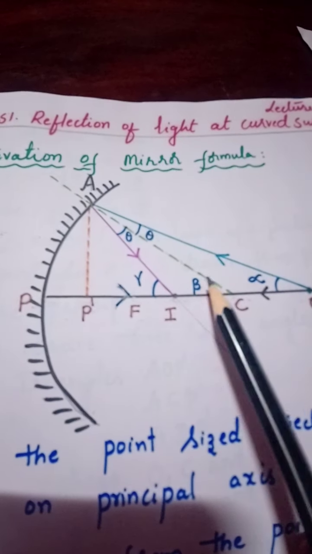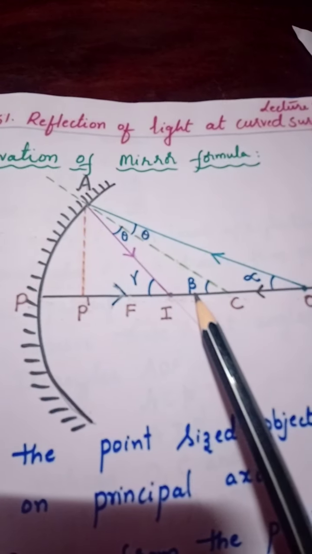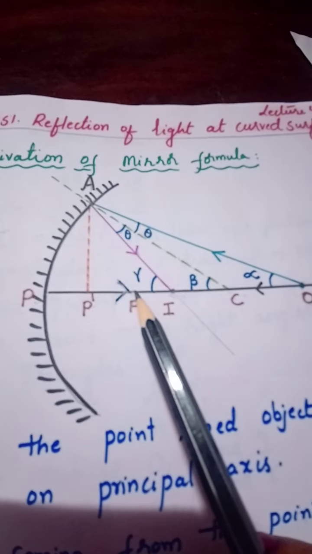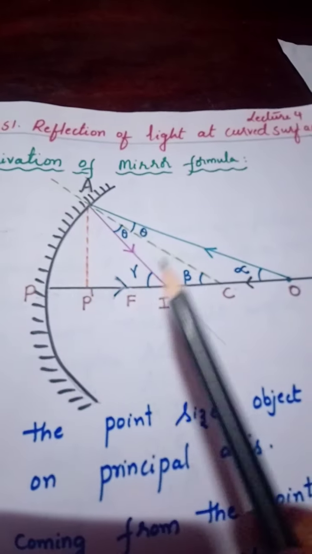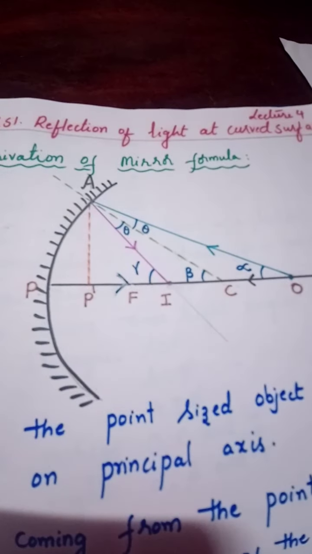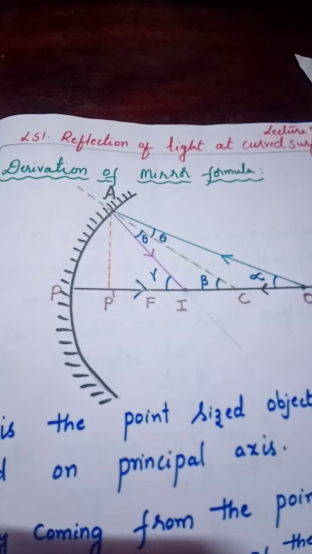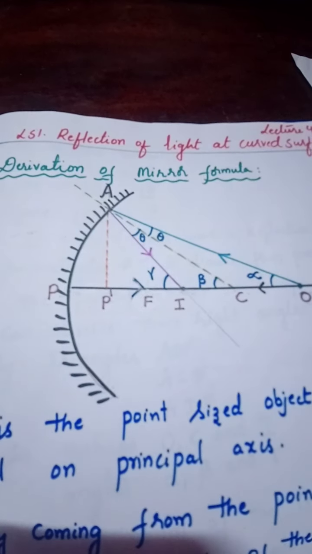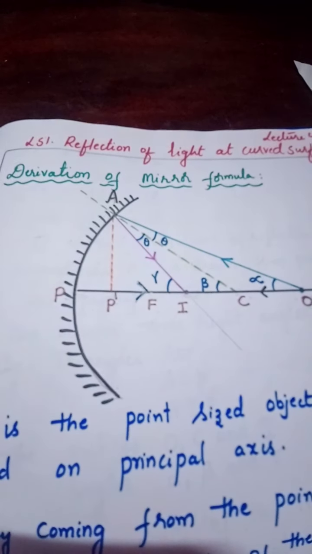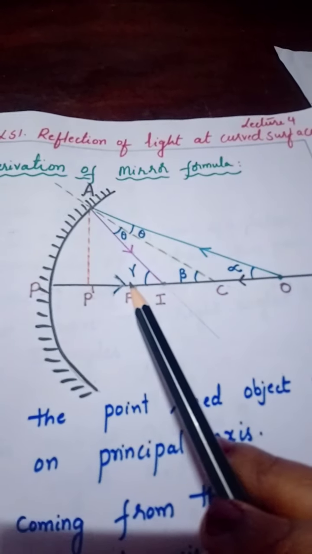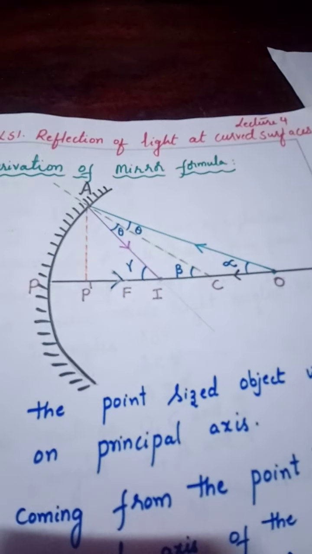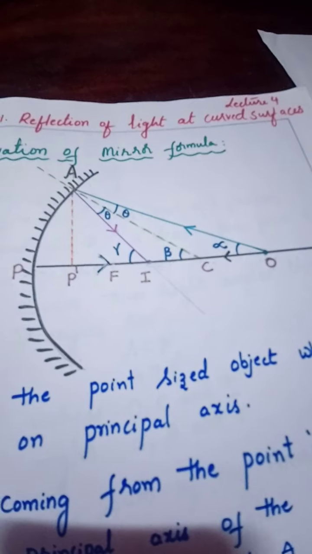The angle between the normal and the incident ray is beta, and the angle between the principal axis and the reflected ray is gamma. These are the values alpha, beta and gamma. I think everybody understood the picture diagram.